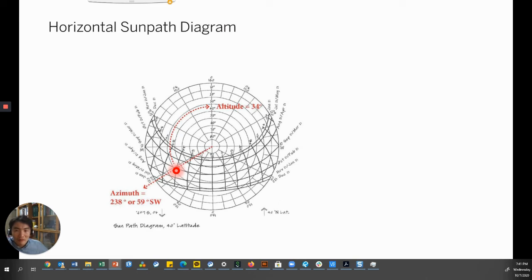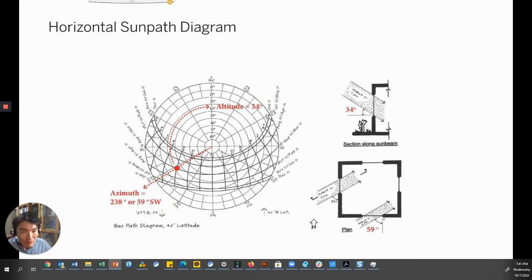In this case, the altitude can be read as 34 degrees and azimuth can be read as 59 degrees from the southwest.